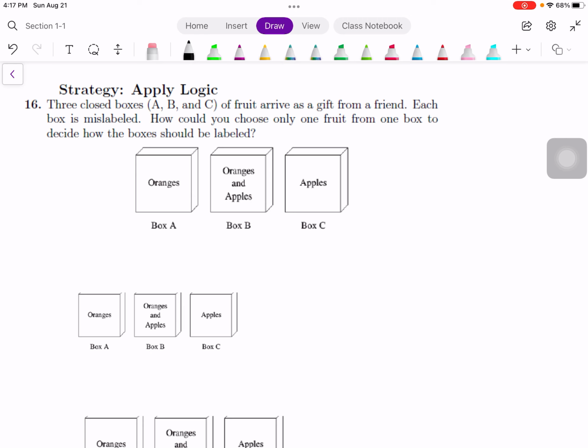How could you choose only one fruit from one box to decide how the boxes should be labeled? You know that every box is mislabeled, so you can choose one box and pick one fruit from it, and that should allow you to relabel the boxes correctly.